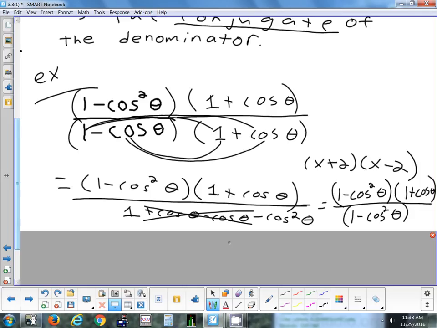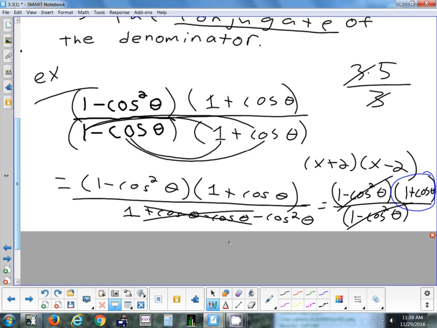So look at your fraction, and what you have right here is basically something like this. You have something times something divided by the same something. So what happens? Yeah, just like these would cancel out, these cancel out. And when you're done, all you're left with is 1 plus cosine.